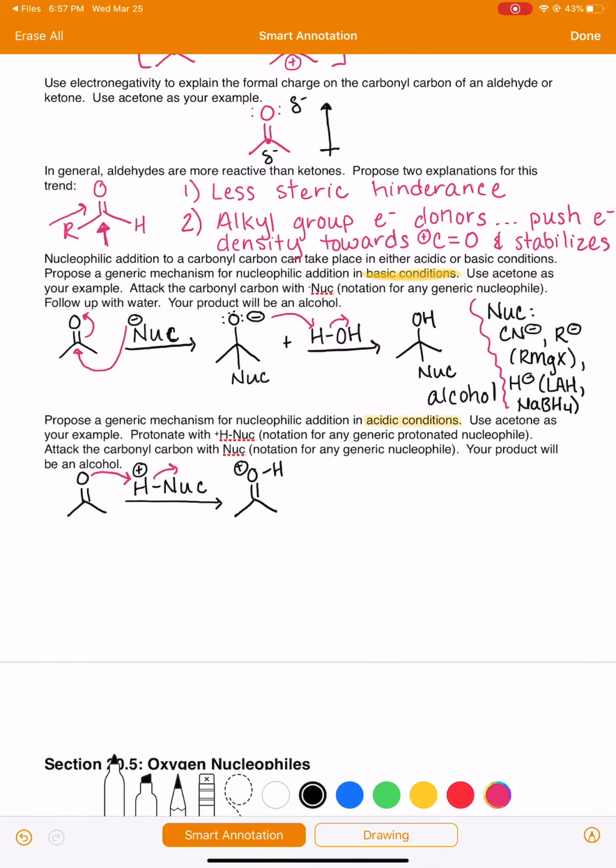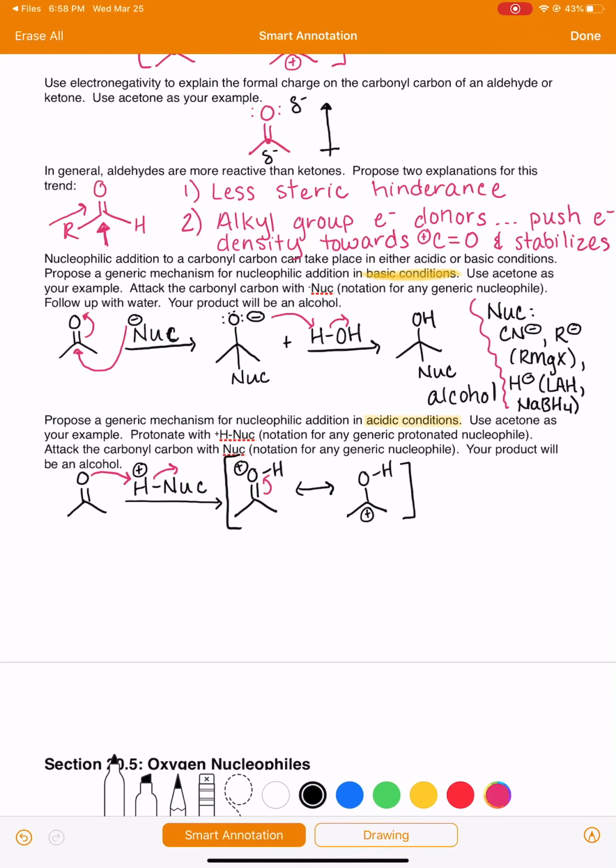Now what happens next in terms of drawing the mechanism really depends on what book you're looking at. Sometimes we'll go step by step here. Sometimes people will say, okay, next thing that happens is resonance. Move the electrons up to address that positive charge on the oxygen and put that positive charge down here on the carbon instead because it's better in that spot.